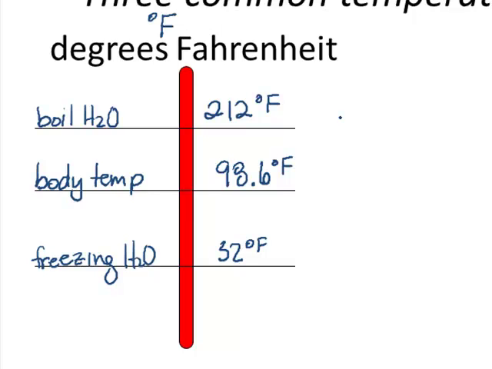He invented it back in the early 1700s, and many people think that perhaps he went outside on a very cold night and mixed together some salt and ice and water and got the coldest temperature he could and called that 0 degrees. Other people believe that perhaps he set 100 degrees on the scale as his own body temperature, and maybe he was a little bit feverish when he was performing these experiments.